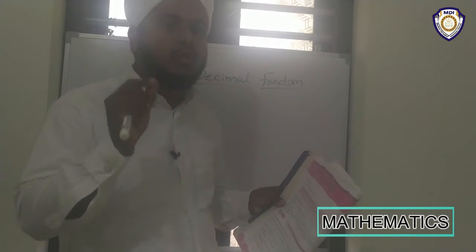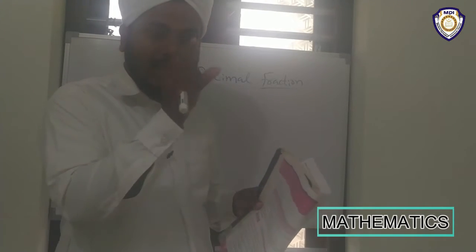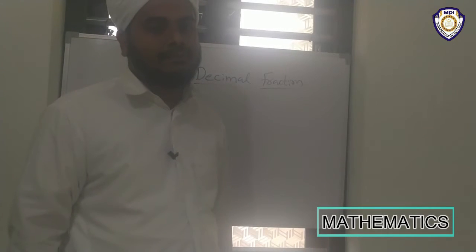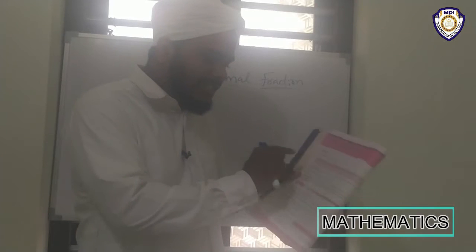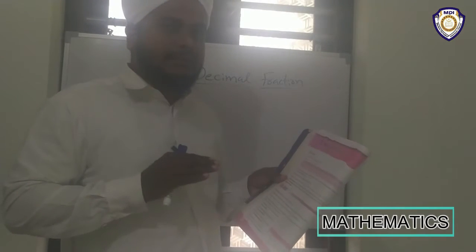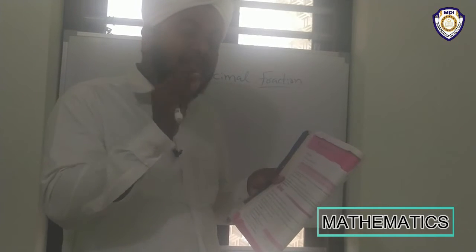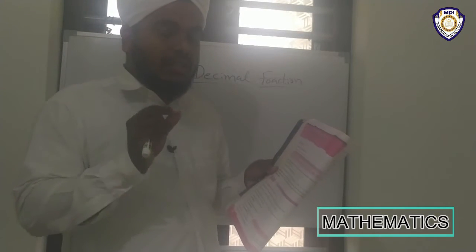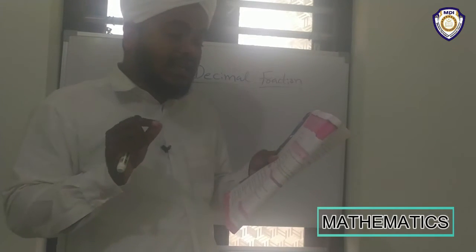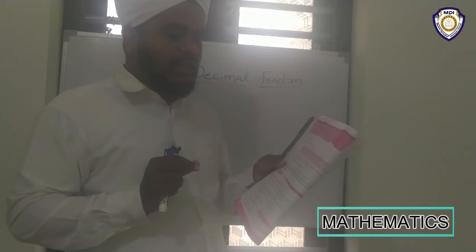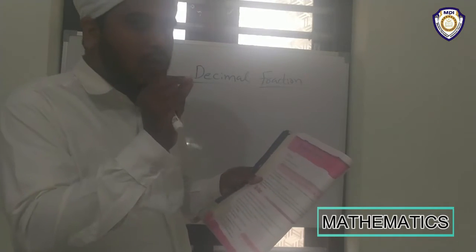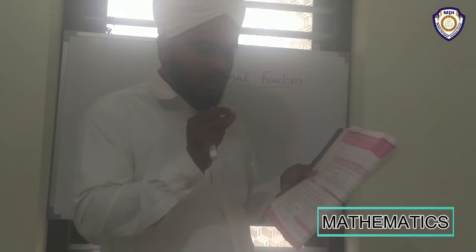Then how can you say the length of the line? The centimeter has 10 small divisions. Then we can count each division.